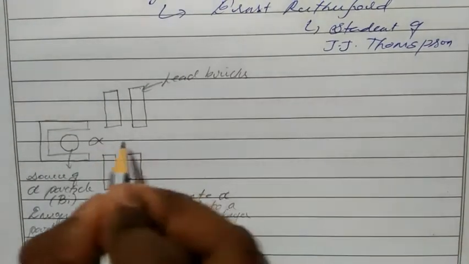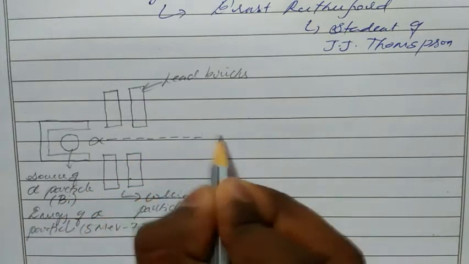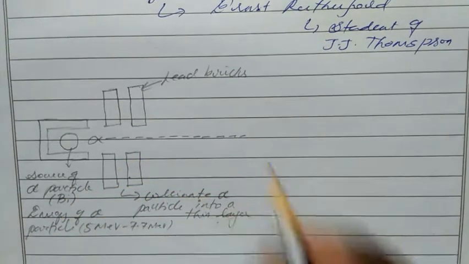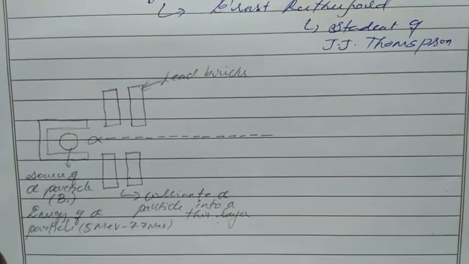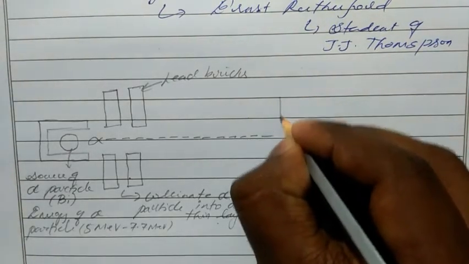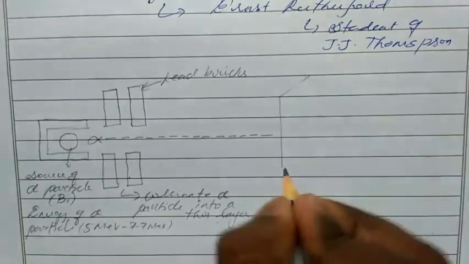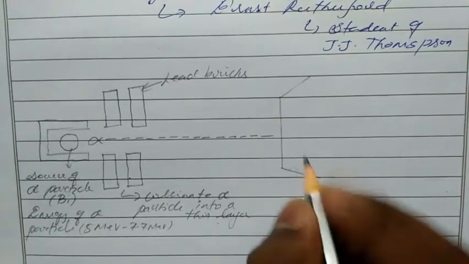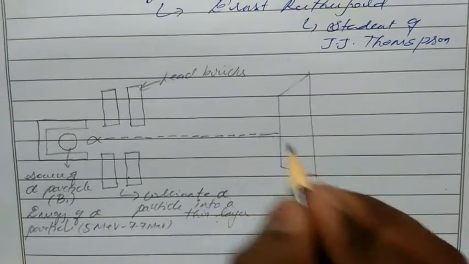So now the alpha particles will start to move in a straight line, in a thin layer. Here we have gold foil.